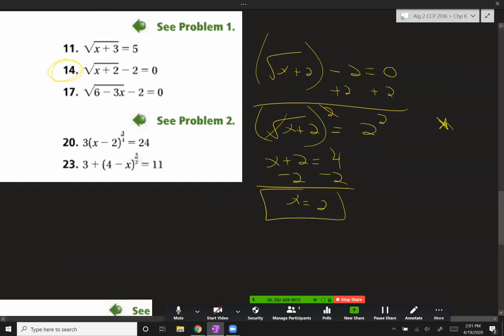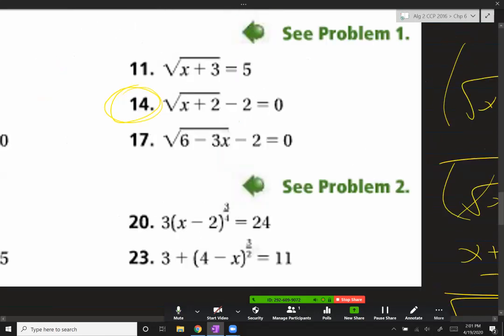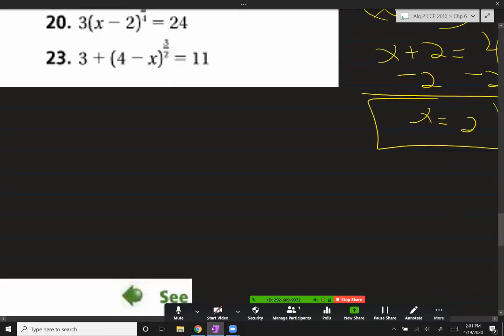All right. Problem a lot of kids get concerned with every year. Something like 23. So what's our first step? Subtract 3. Very good. 4 minus x, that is to the 3/2 power, equals 11 minus 3 is 8.